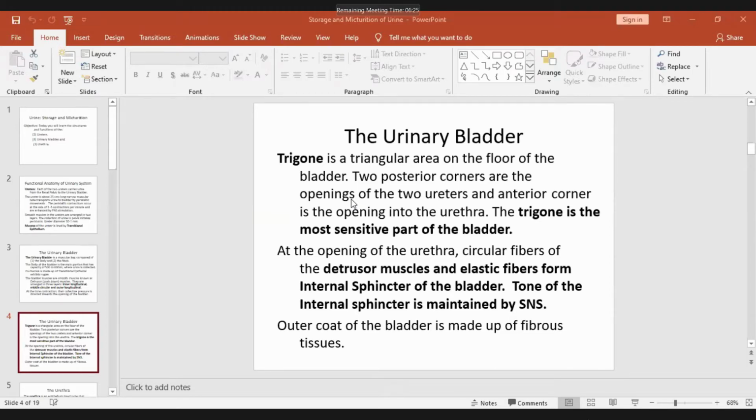It is the internal sphincter which prevents the reflux. It is not reflex, it is reflux, F-L-U-X, meaning the return of the semen into the urinary bladder. So it prevents the entry of the semen into the urinary bladder. This is the internal sphincter. The outer coat of the bladder is made up of fibrous tissues.